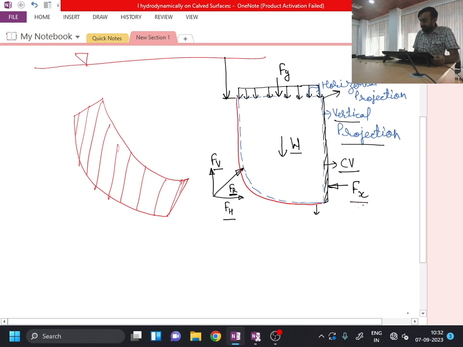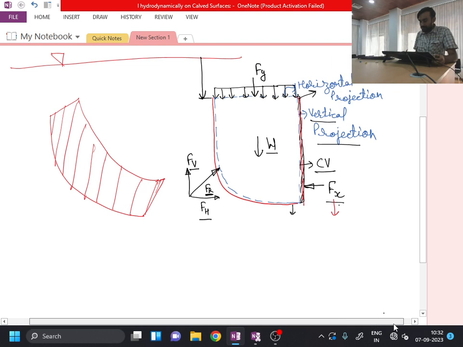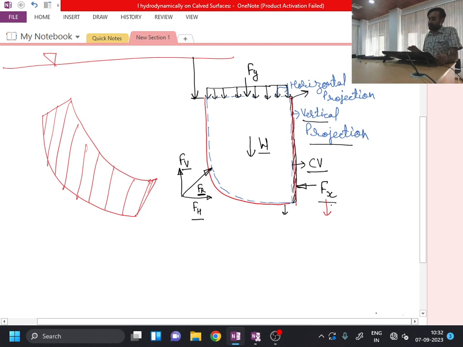To calculate Fx, as I told, it is nothing but a planar projection. So I can assume it as a plane surface, and for this plane surface I can utilize the principles whatever we have studied in the previous class. So what were the principles which we studied in the previous class?